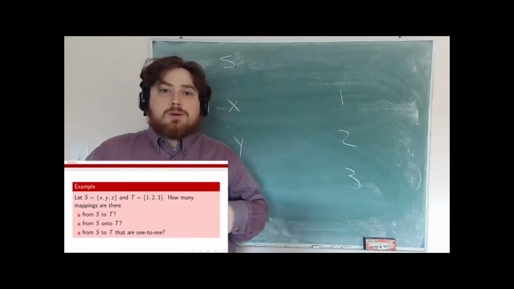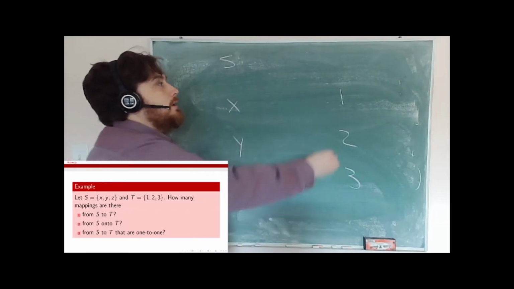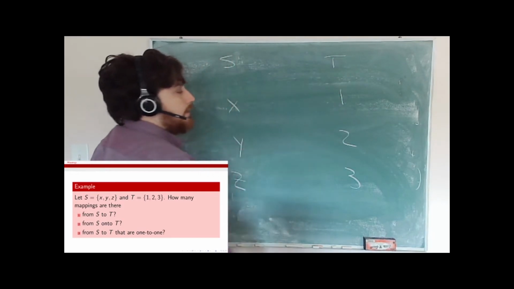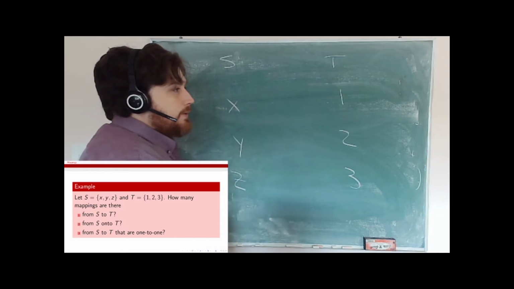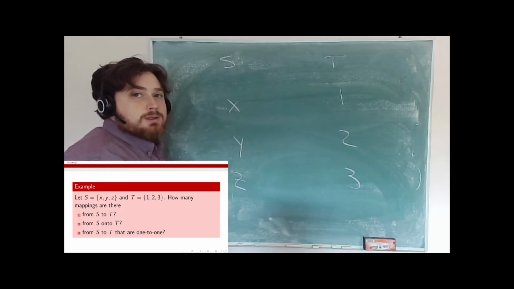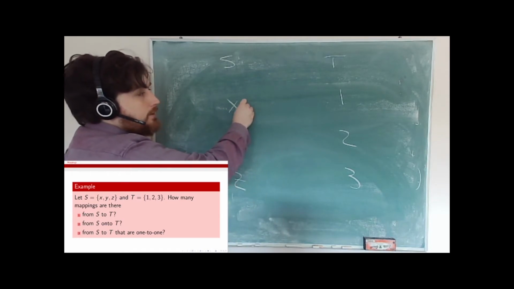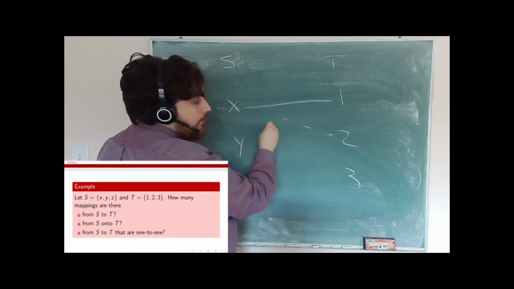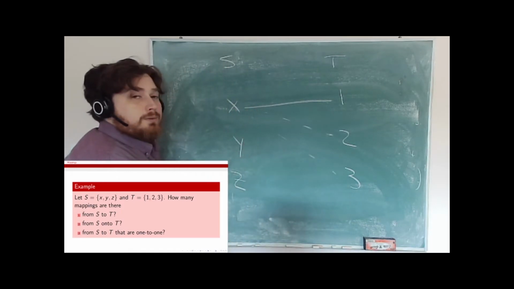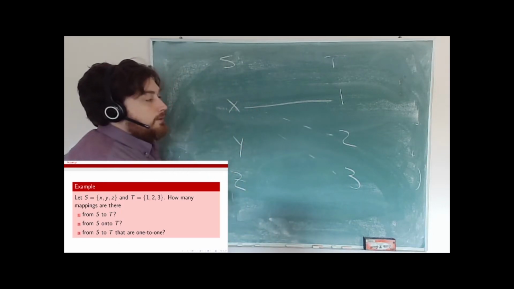So as we try to find all the mappings from S to T, what we're going to do is just look at, well, here's X, Y, Z, and I'm going to map to 1, 2, 3, so I want to think about all the possibilities. Well, what we can get is for mappings, here X can go to 1, or it can go to 2, or it can go to 3. So I have 3 different options for where X can go.